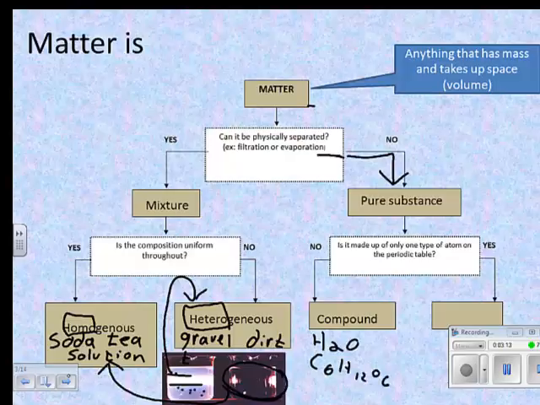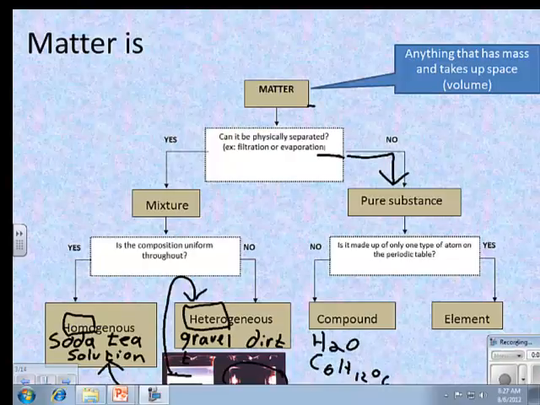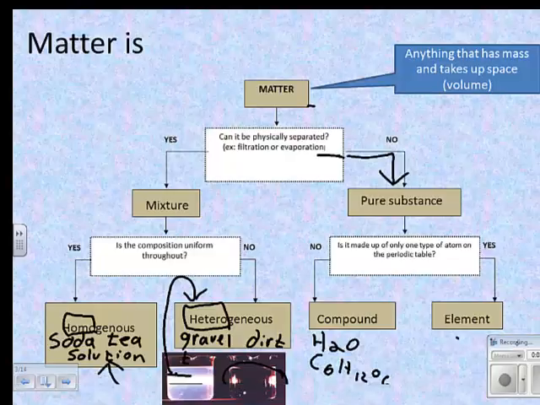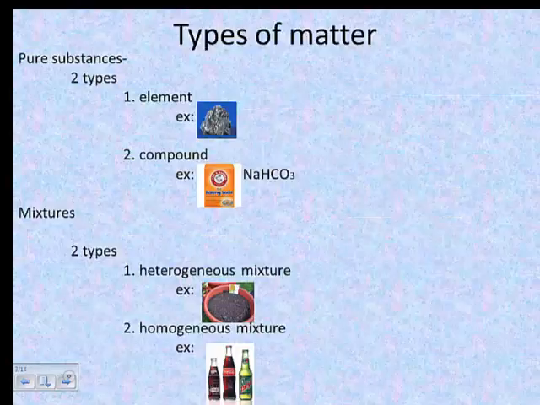Anything that has multiple atoms involved with it, that's going to be a compound. On the other hand, if it's only made up of one element, it's going to obviously just be an element. So that would be like chlorine, hydrogen, oxygen, things of that nature. So make sure you know this flow chart because it will help you out and it will come in handy. And you will see this chart again later on in the year.